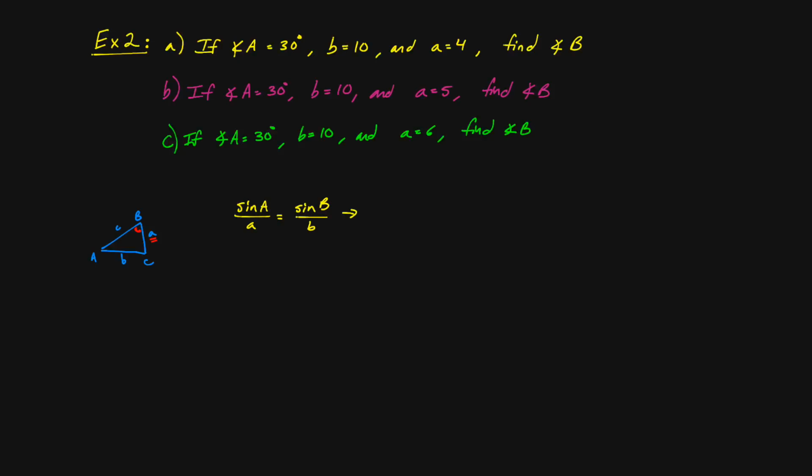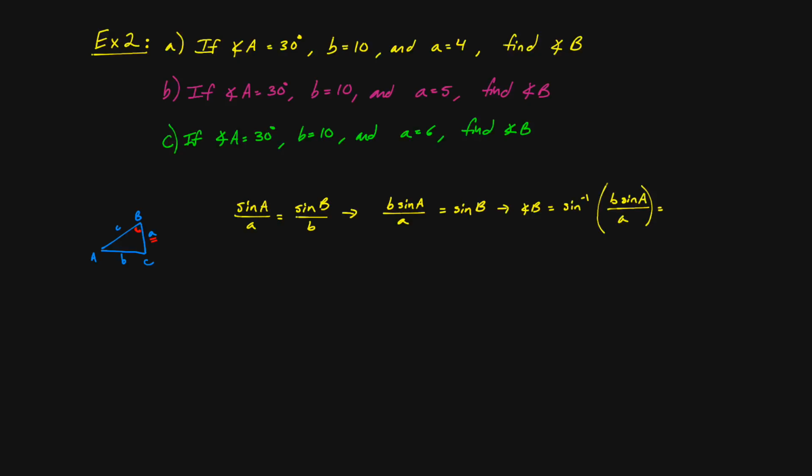We're looking for sine of B, so I'm going to cross multiply, and I'm left with b sine of A over a, and that's equal to sine of B. To get angle B alone, we have to do arc sine. So angle B is equal to sine inverse of this whole big conglomerated mess, and you can feel free to plug that in.